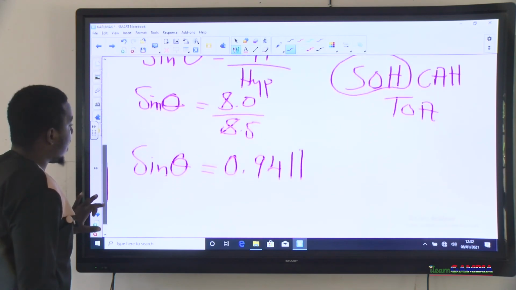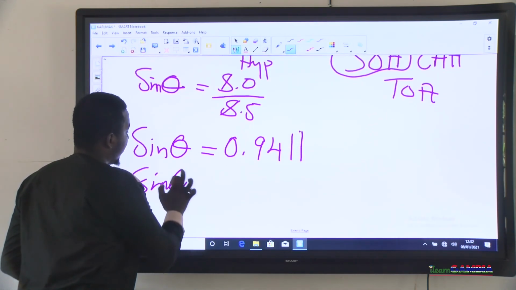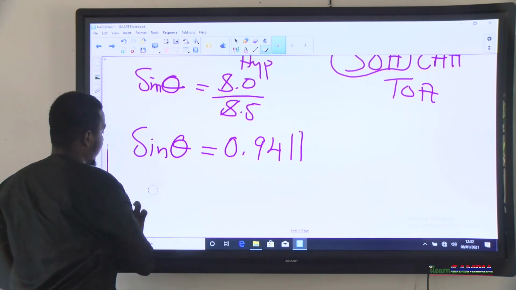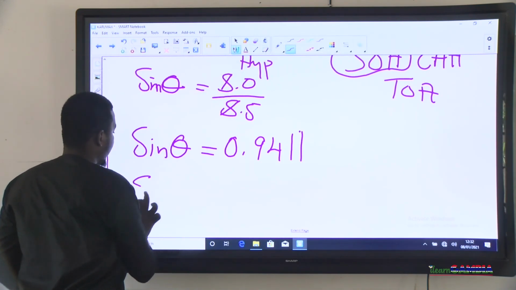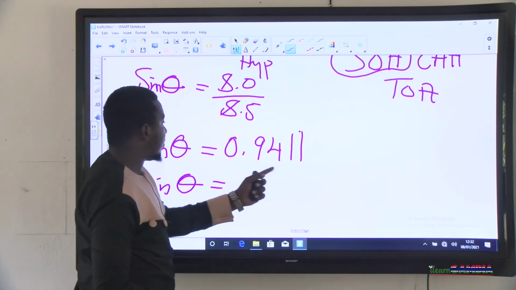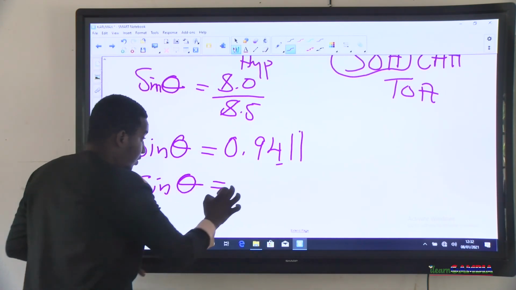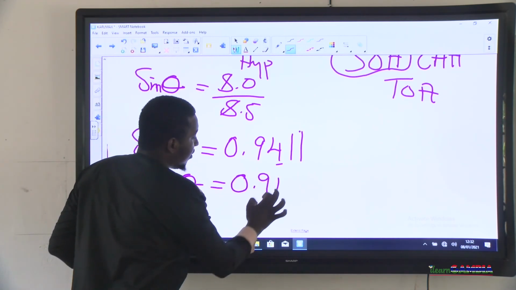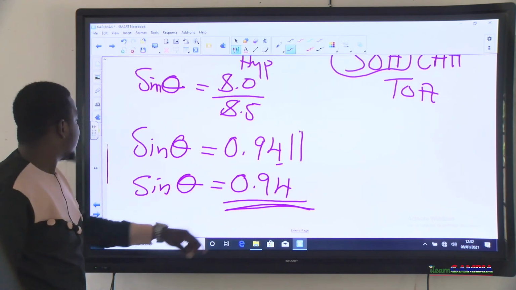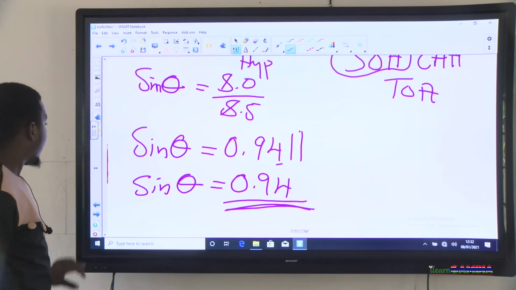So sine theta, approximated to the nearest hundredth, gives us 0.94.